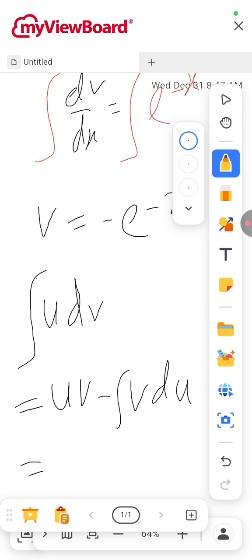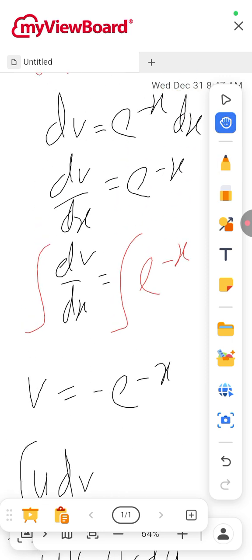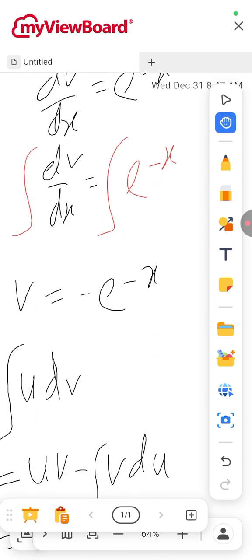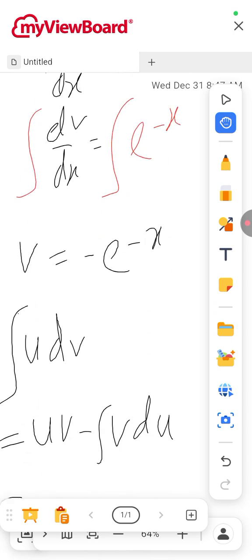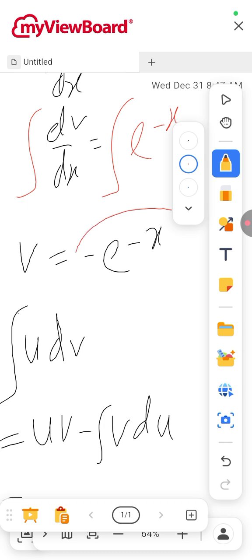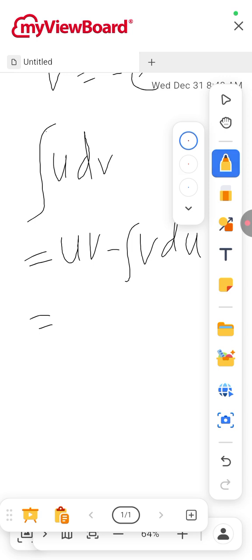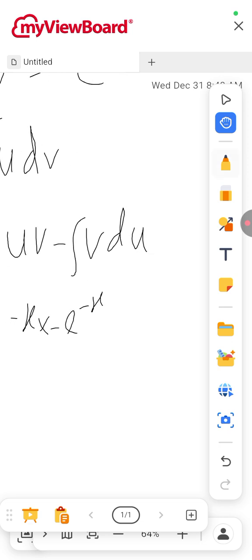What's my u that I said before? Let's scroll back up. u is minus x and v is minus e raised power minus x. So which means my uv will be minus x times minus e raised power minus x.